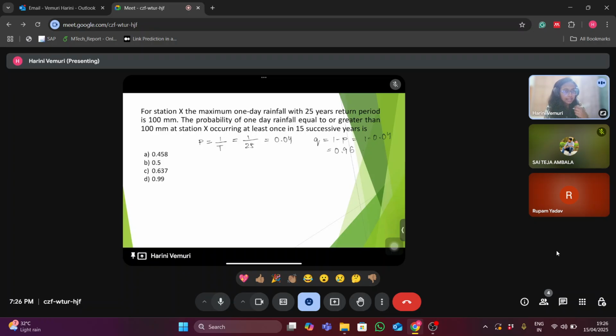So if we consider that the distribution is binomial, then P(r) = nCr p^r q^(n-r). For at least once, what we will do is take 1 minus the probability of no rainfall greater than or equal to 100 mm in 15 successive years.